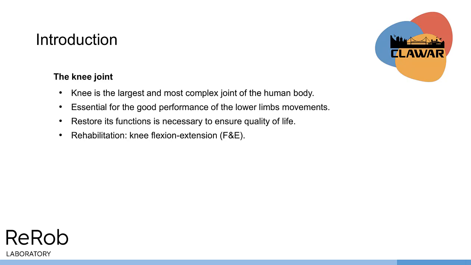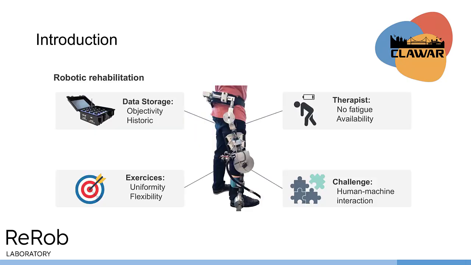The effective restoration of knee functionality is vital in improving the quality of life for individuals with limitations in this joint. One of the therapeutic movements frequently employed in knee rehabilitation is flexion and extension. This therapeutic approach is useful for muscle strengthening, motor coordination enhancement, and increasing the joint range of motion.